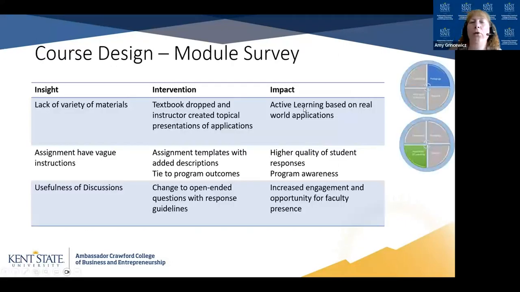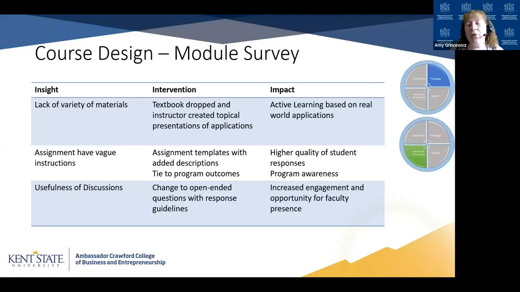If we look at course design, the module survey data that we acquired was so impactful. Not only did this help improve each of the courses, but one of the aha moments I had was when I was working with faculty designing their online courses. I would always stress alignment, engagement, and accessibility with them.